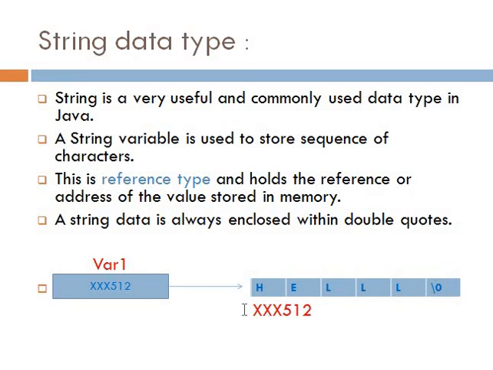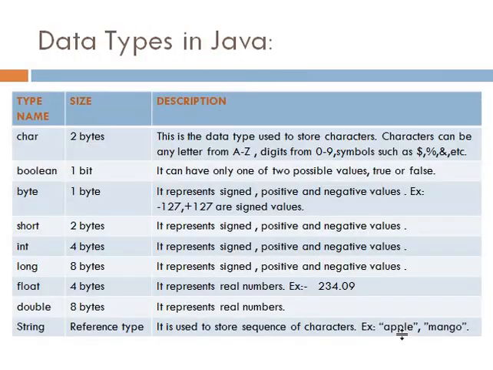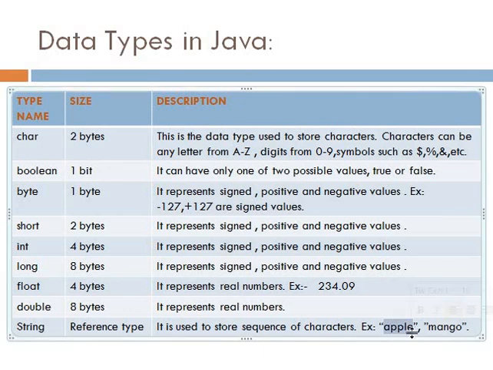Now you remember that at the end of every string, there should be a null character at the end. Same will be the case for the string called apple. After the string called apple, there will be a null character at the end. And again, after the string called mango, there shall be a null character at the end.